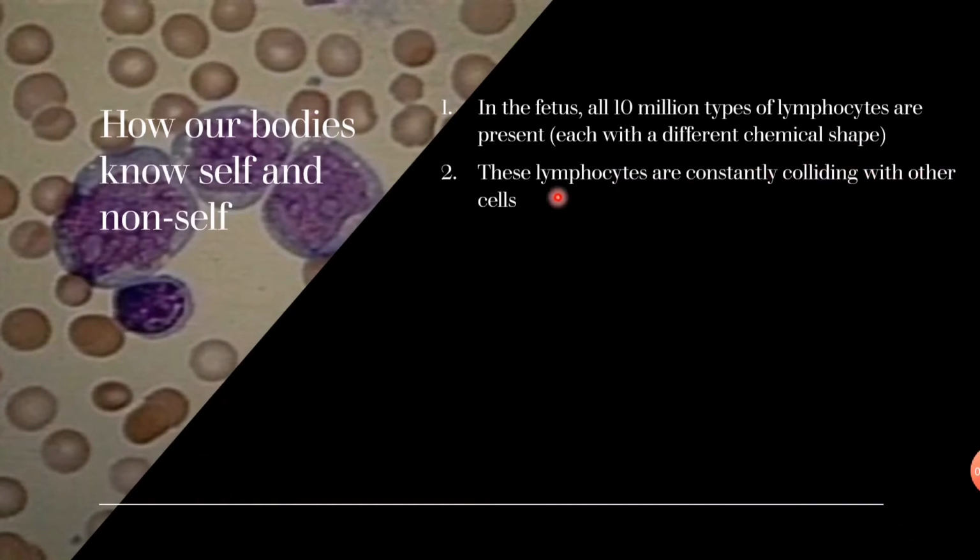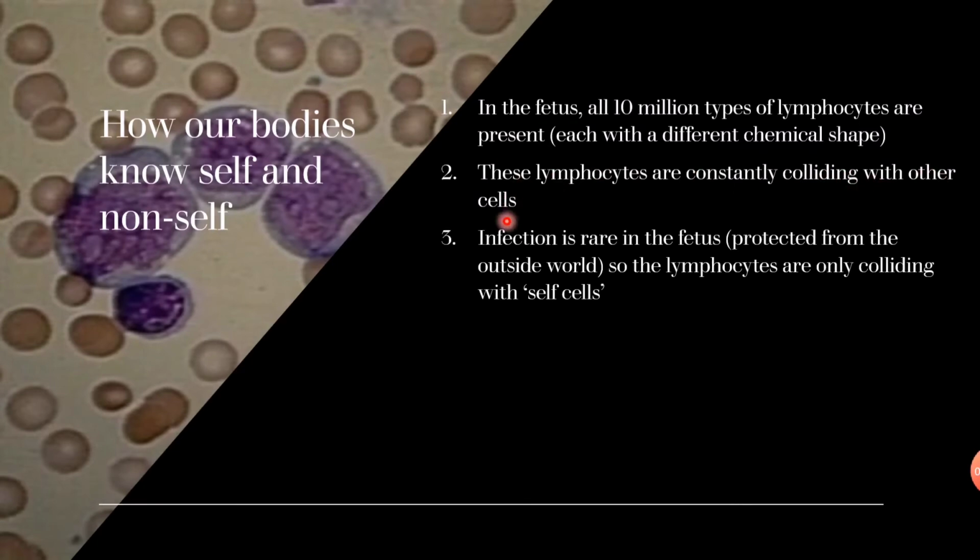These lymphocytes are constantly colliding with other cells in the fetus. And because infection is rare in the fetus, because it is protected from the outside world by being inside the mother and by the placenta, the lymphocytes present are only colliding with self cells. They're only colliding with cells that are the organism's own.